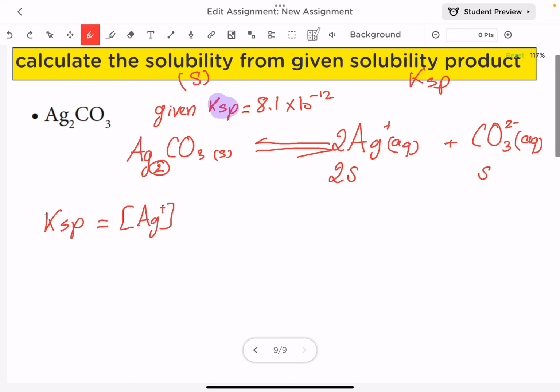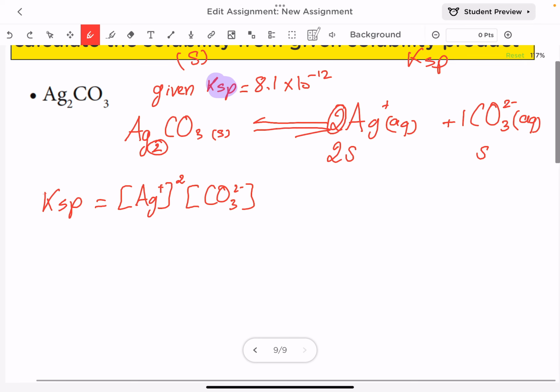I also mentioned it in previous tutorial videos that you can find on my channel. It is the concentration of the ions raised to the power of their stoichiometric coefficients. So Ag plus squared multiplied by carbonate to the power of 1.